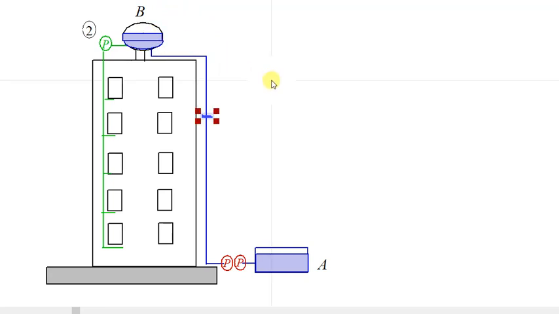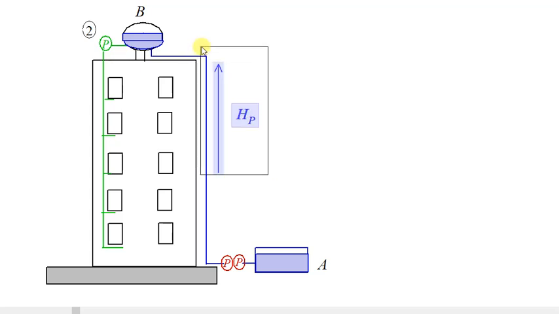So this is the aim. To let the water reach higher, to increase HP, the head of the pump, we should use pumps in series. Okay, so that is the thing.